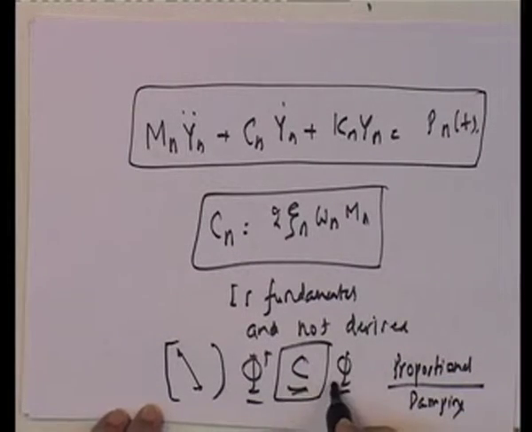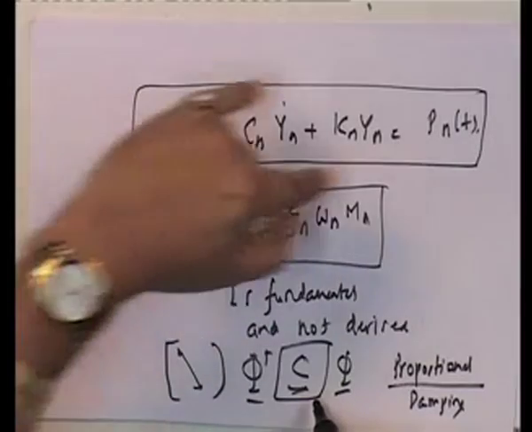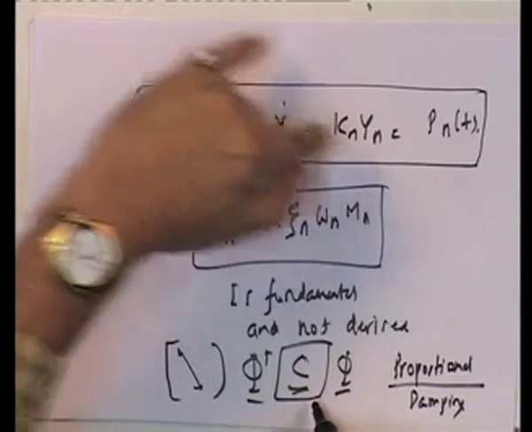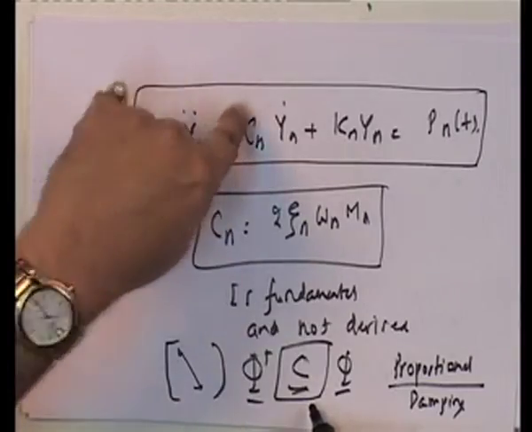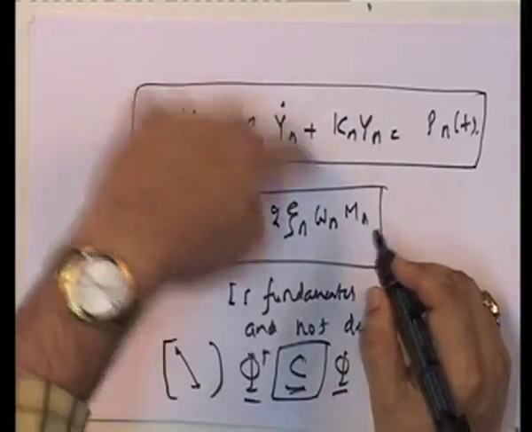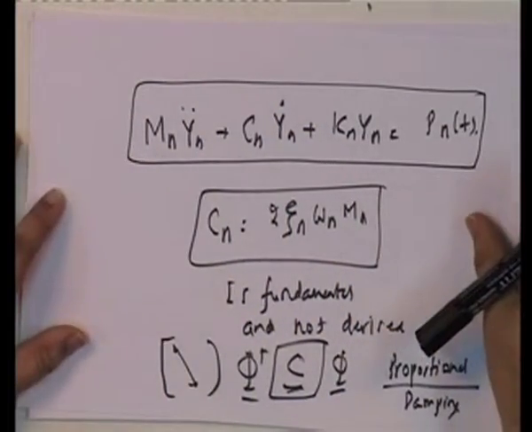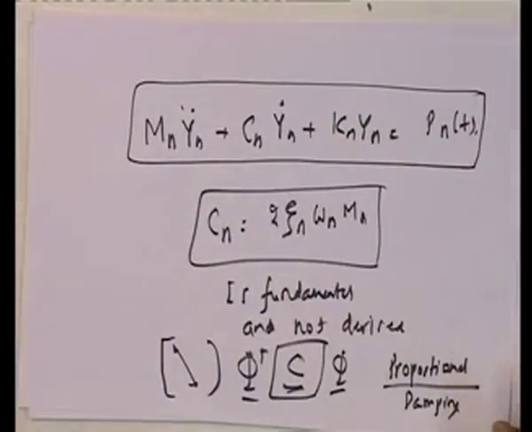Otherwise, if this is not diagonal, even if M and K are uncoupled, if the Cn are not uncoupled, then through the C you get all the other y1, y2, y3, the other y's coming in, and then mode superposition is not really useful, because all you are doing is taking the coupling from one end into another.